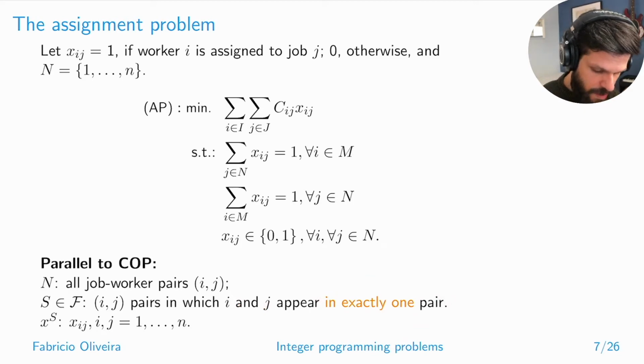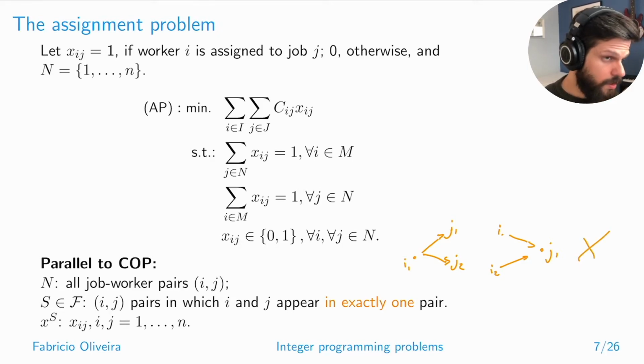So you can't have (i1, j1) and (i1, j2), and you cannot have, say, j1 with both i1 and i2. They have to appear in exactly one pair.